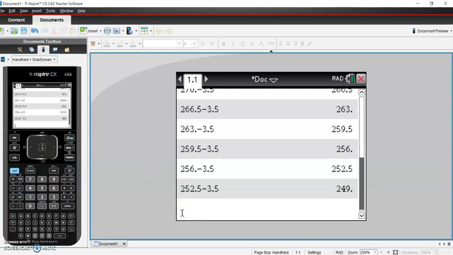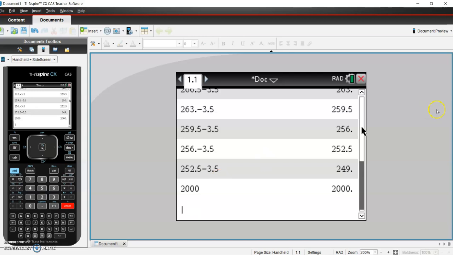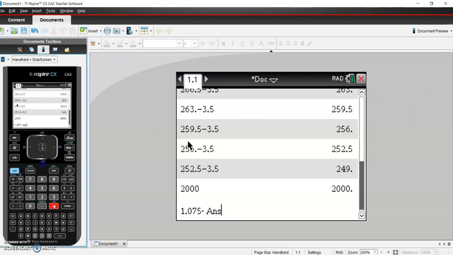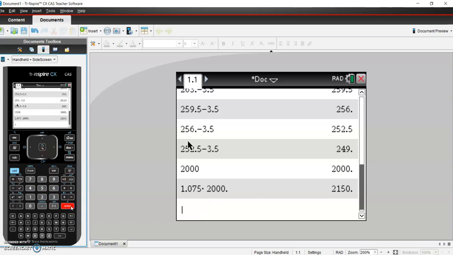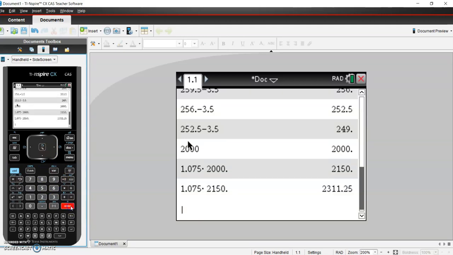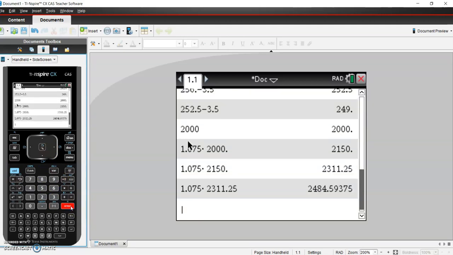Okay, so for part A and B, we're going to put in our value. Again, $2,000 was our initial amount, and press enter. And then picking up the rule, 1.075 times our answer, and hit enter. So after 1 year, after 2, and after 3, when we're giving our answer for 3 years, we will round that to 2 decimal places, always 2 decimal places with dollar amounts.